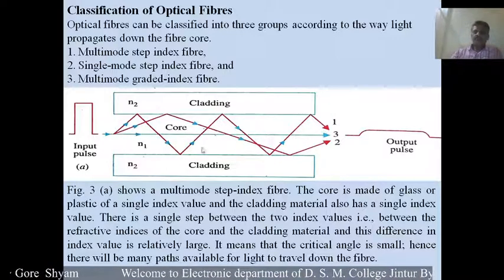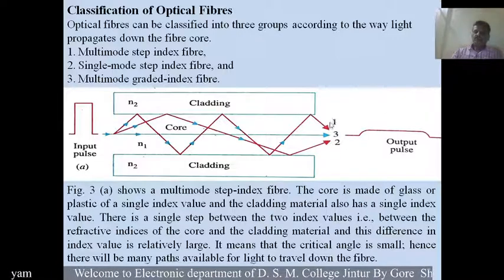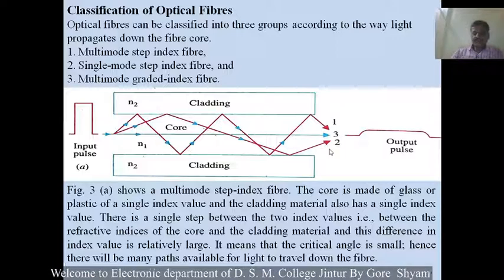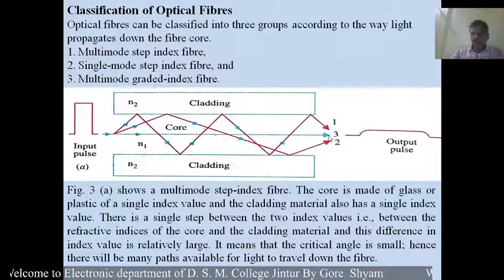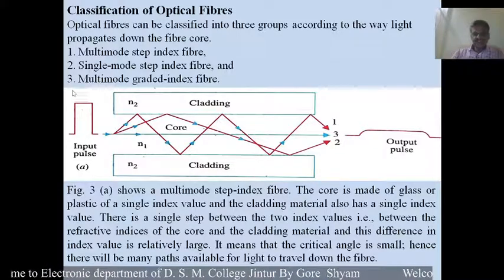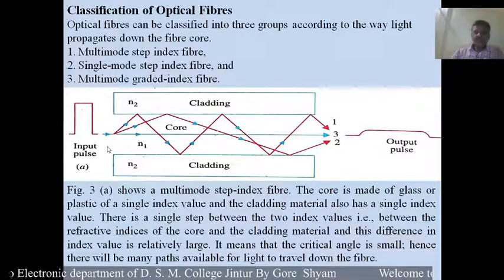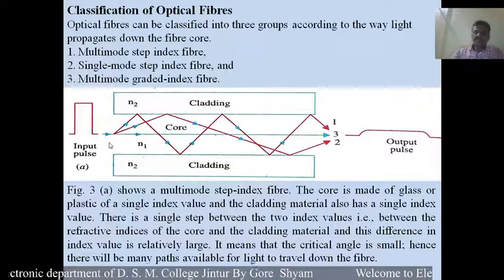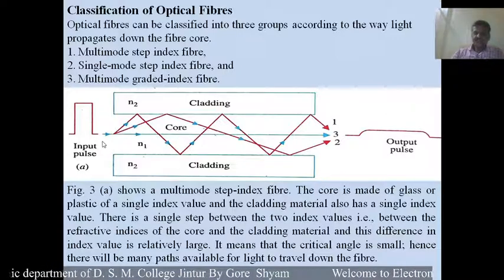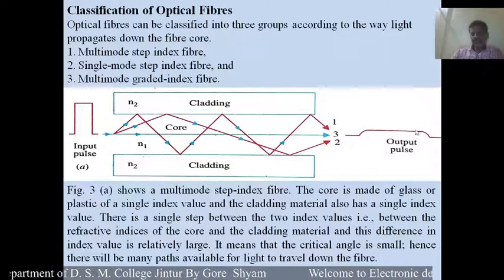In this way these rays reach the output at different times, and we get the output over a long time. Suppose the input pulse is like this. We expect the output pulse to be the same as the input pulse, but the output pulse is broadened.